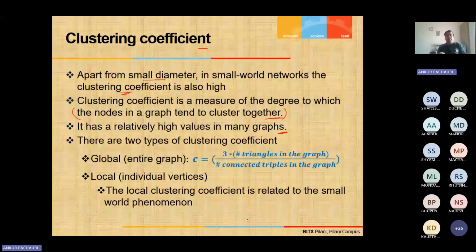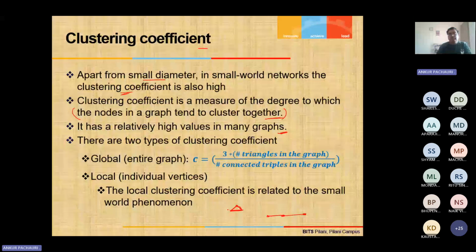So how many triangles are in it, divided by how many triples are in it. Triples means path length of 2. Connected triples, 3 nodes connected together. So 3 nodes can be connected together in this way, and 3 nodes can be connected together in this way also.